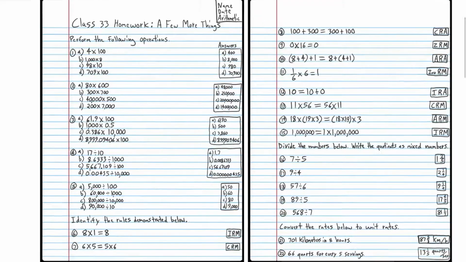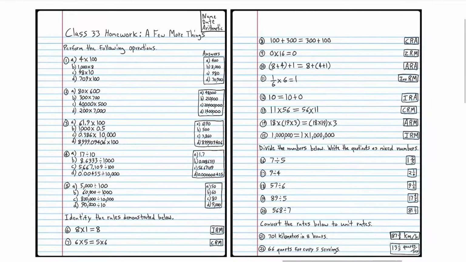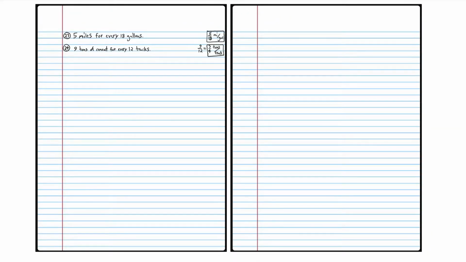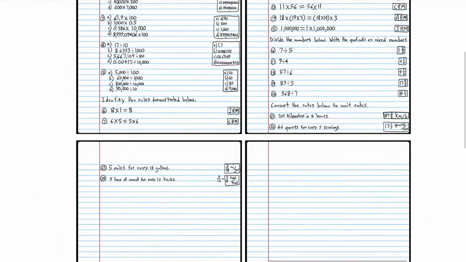So here's the homework for today. You can get a screenshot of the first 2 pages and a screenshot of the second 2 pages. So as you can see, the answers are there as usual. Do the homework completely and correctly.